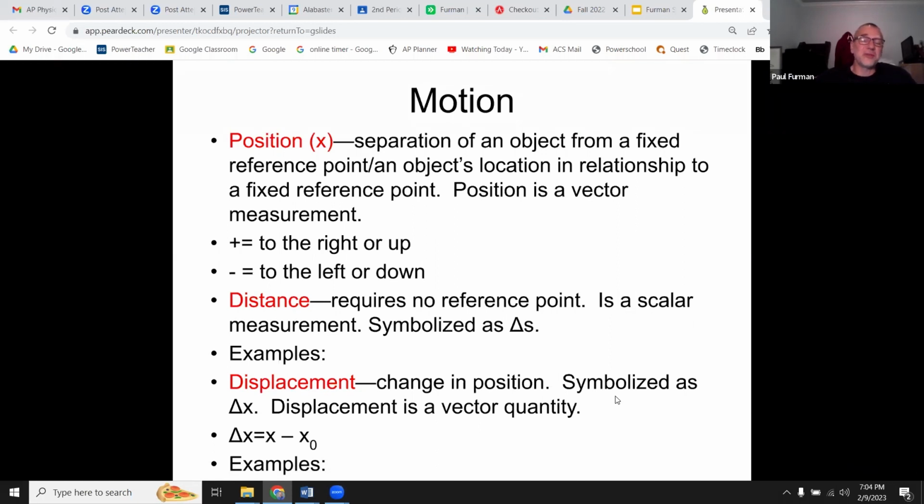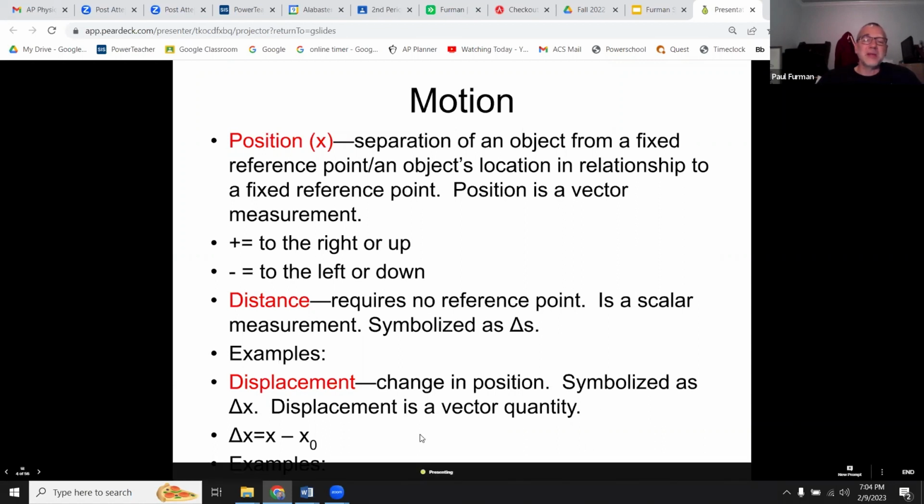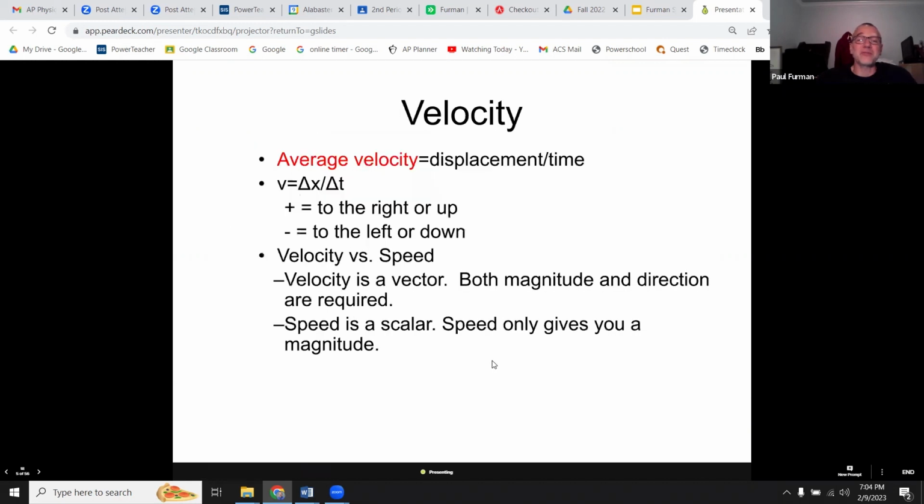That refers to the displacement. And you can see that that second bullet from the bottom is x minus x naught. That's the final position minus the initial position. So mostly, 95% of the time we're dealing with displacement. Distance, I never use delta S. You just simply won't see it.